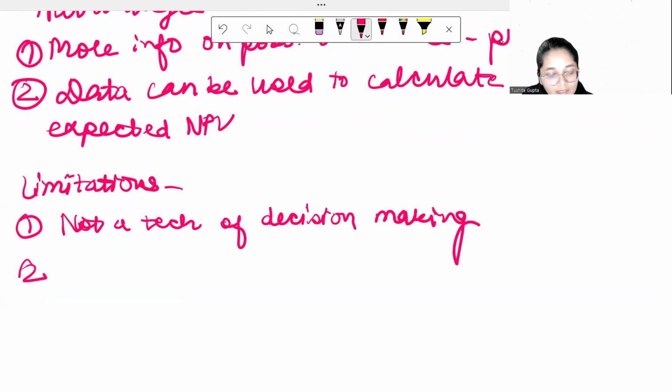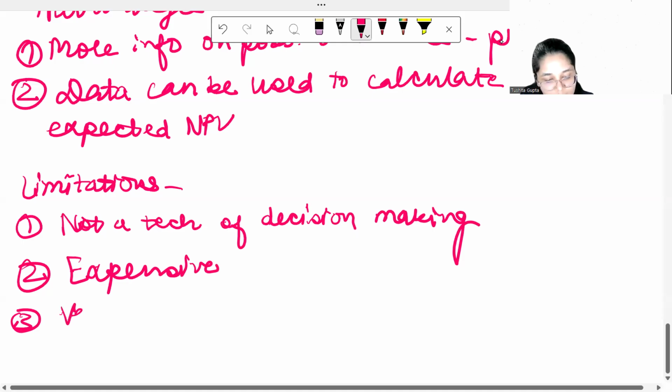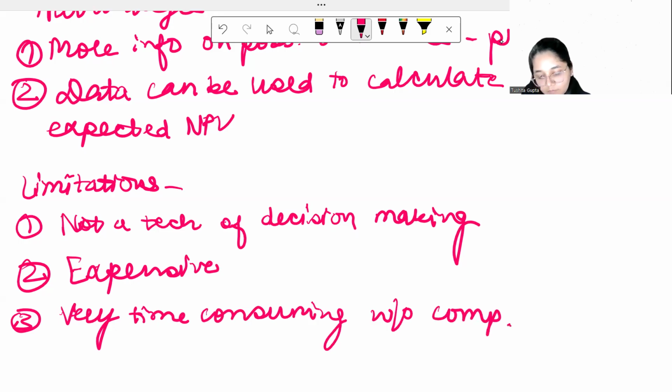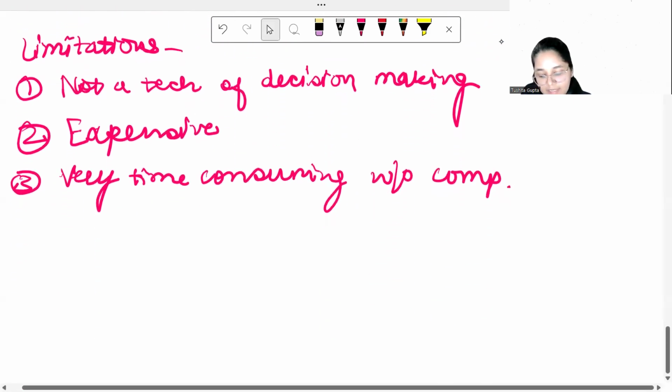Another limitation which simulations face is that it is expensive. Number three is that it is very time consuming, especially if you do not have a computer.